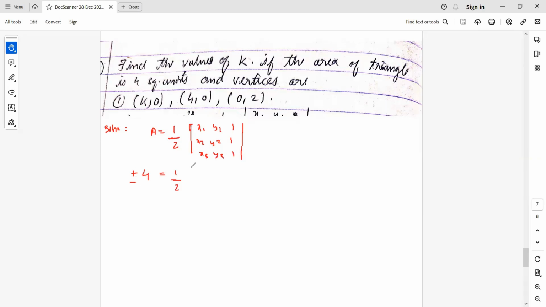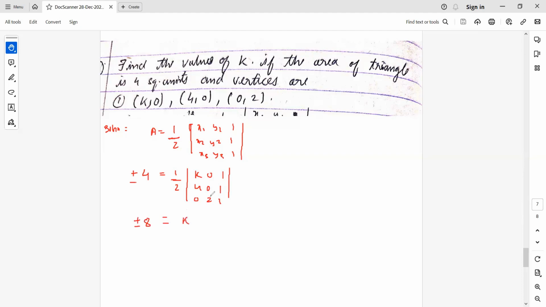So this will be equal to 1 by 2, determinant of x1, which is k, 0 and 1, similarly 4 0 1, and then 0 2 and 1. So on simplifying further, this 2 you can shift to the LHS, so it will be plus or minus 8.